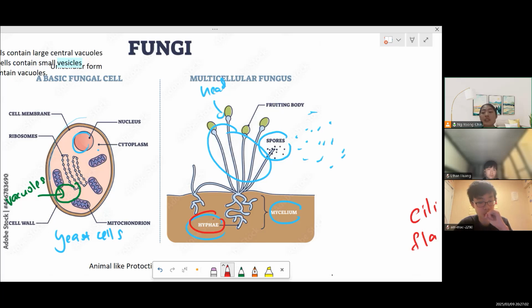So they will produce the mycelium. Hyphae, mycelium. On top, this fruiting body will produce spores, something like this. This spore will help in reproduction to produce more fungus.